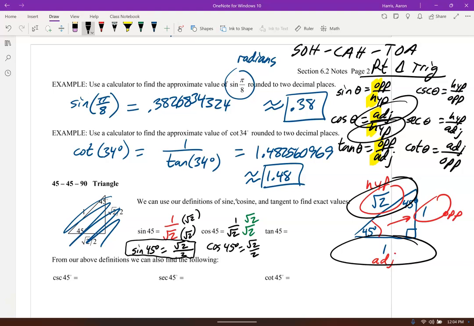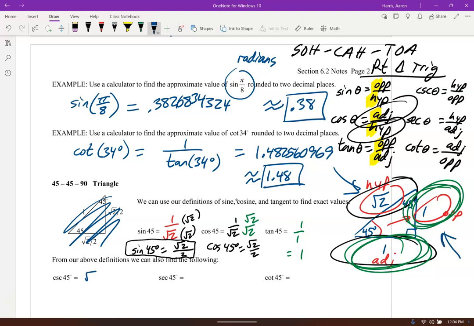And the tangent of 45, now I'm going opposite over adjacent. So 1 over 1. Or you can take the sine over the cosine. Since they're the same thing, it just ends up being 1. Right? Root 2 over 2 over root 2 over 2. And the cosecant of 45, so that would be hypotenuse over opposite.